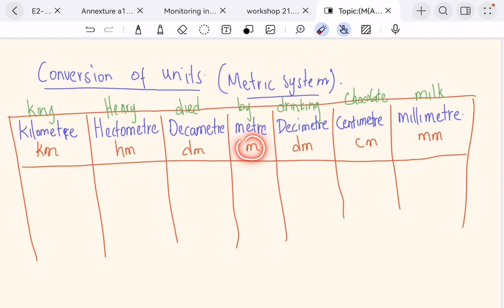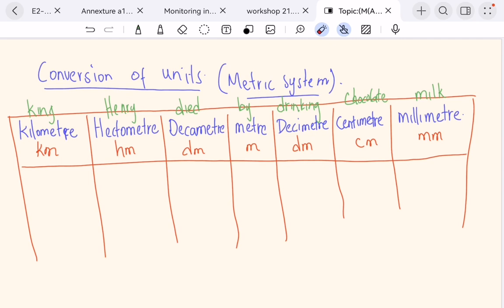And then the D in drinking will represent decimeter. The C in chocolate represents centimeter. And the M in milk represents our millimeter. So King Henry died by drinking chocolate milk will stand for kilometer, hectometer, decameter, meter, decimeter, centimeter, and millimeter.